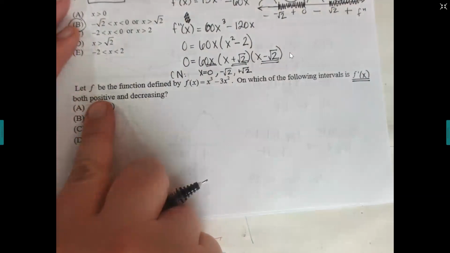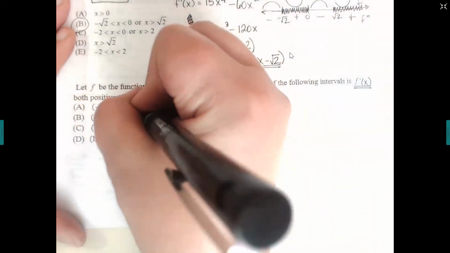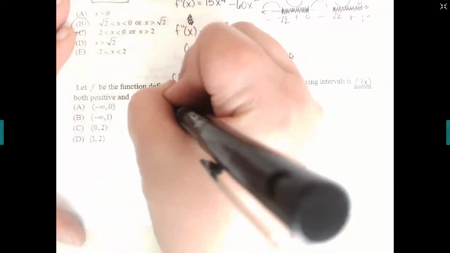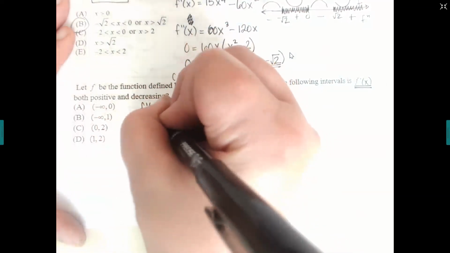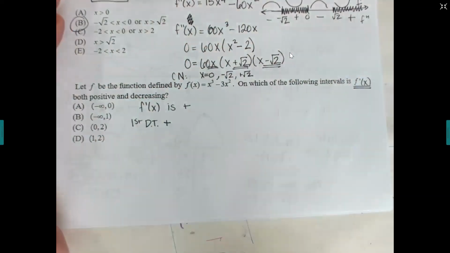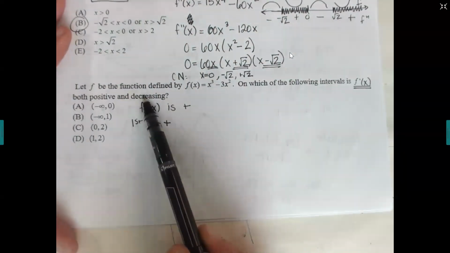If I want F prime to be positive, what kind of derivative test am I going to have to do? It'd be a first derivative test and it needs to come out positive. But then I want f prime to be positive and decreasing.